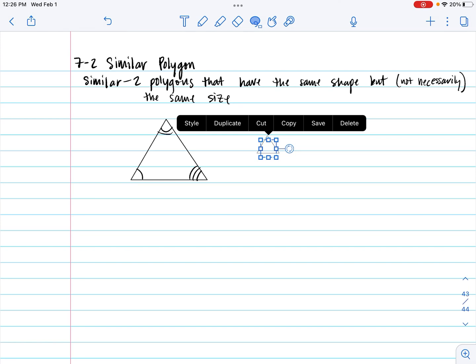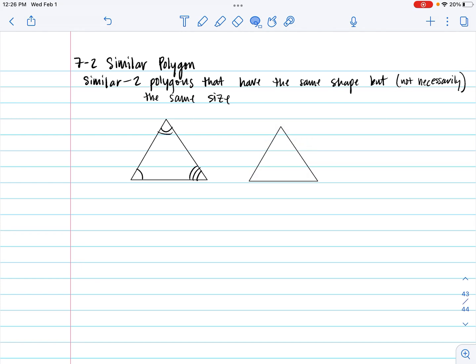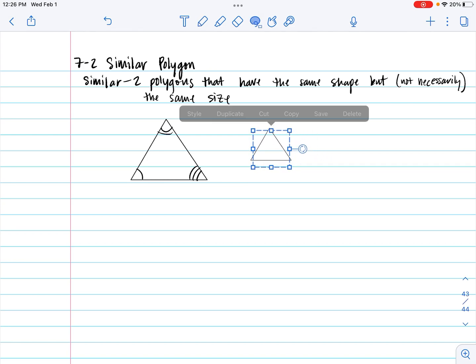So, similar polygons use corresponding parts. And there's that word again, corresponding. Corresponding just means in the same position. So let's use these two triangles as an example. I'm going to shrink this down just a little bit. And let's give this a name. Let's go with RAM and then BLE.